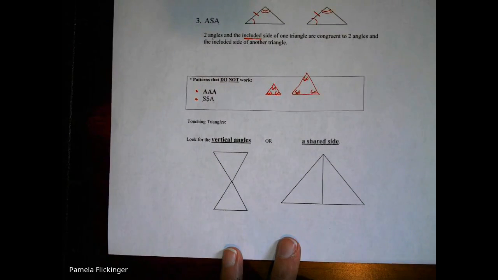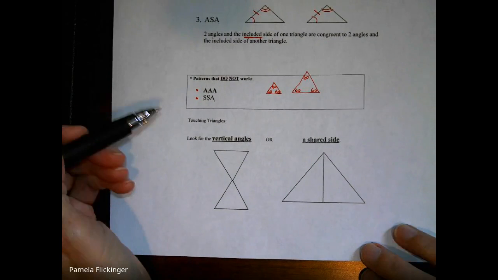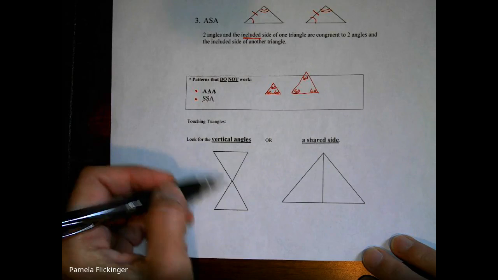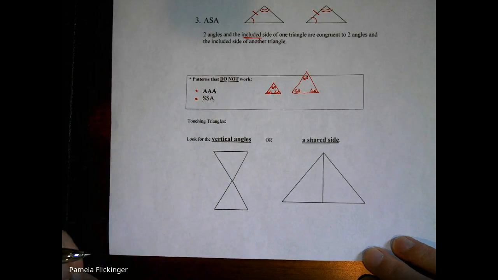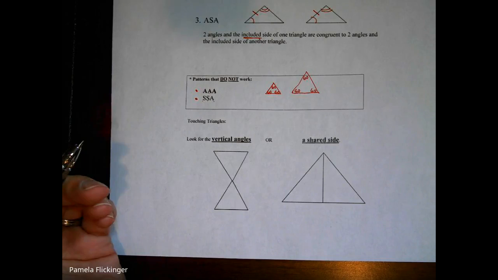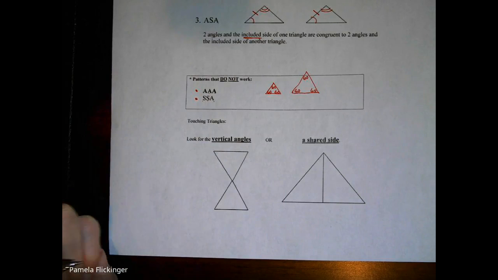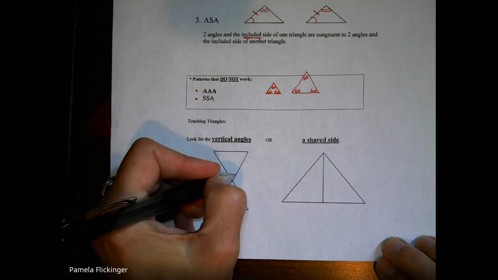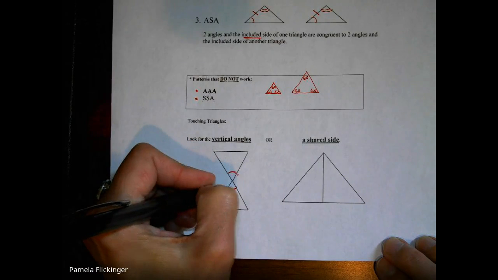Now, the other thing we need to know is that sometimes the way our triangles are drawn, you might not see three parts marked. They might only show two. So there's some what we call free information. Vertical angles, we know vertical angles are always congruent.